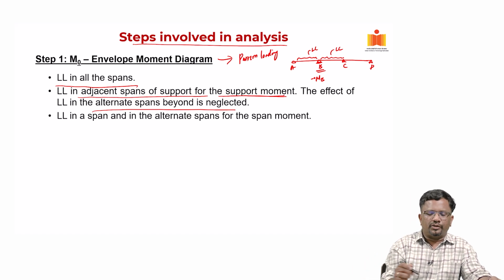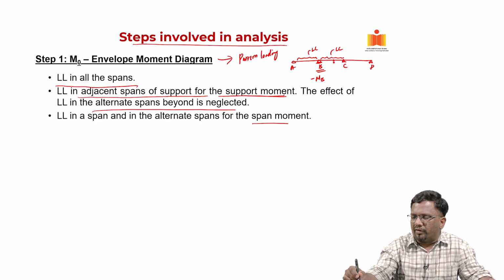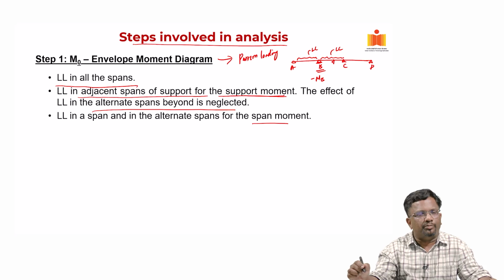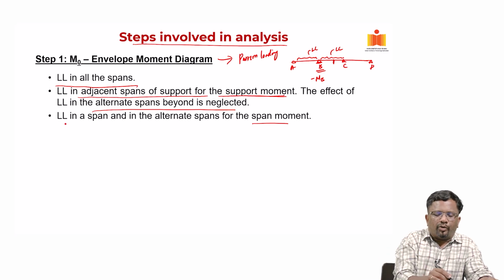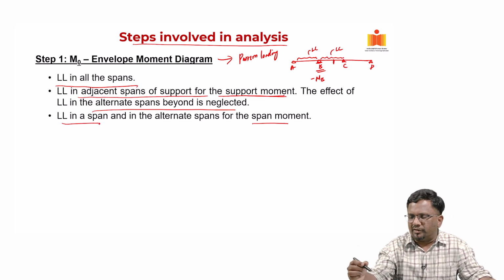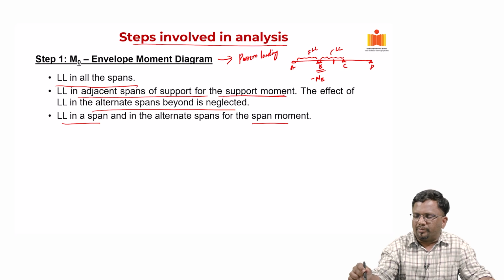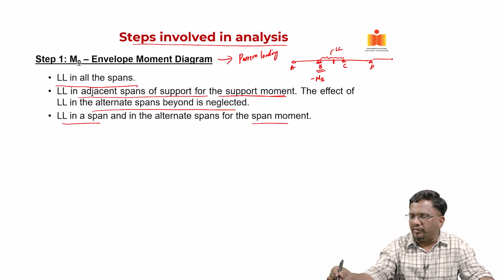Then for span moment, let us say I want to calculate the span moment at midspan of BC. Then I put live load in the span where it is considered and the alternate spans.